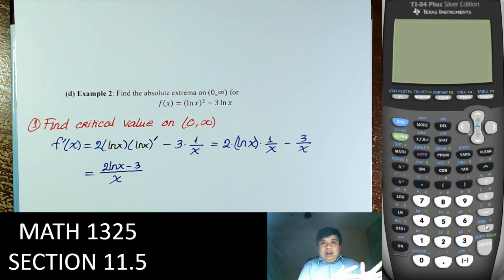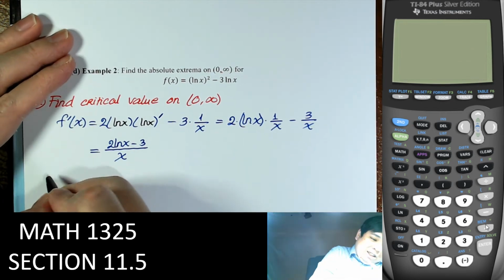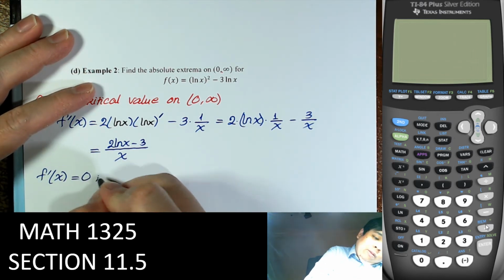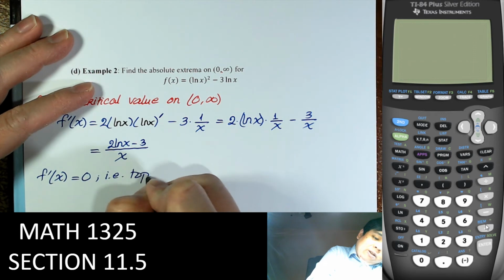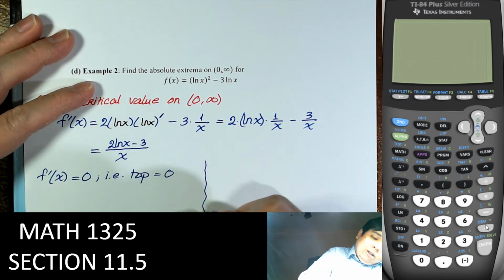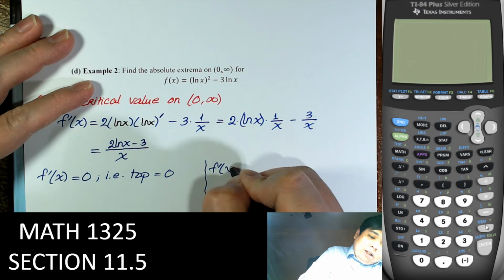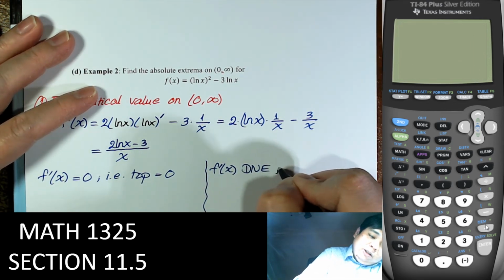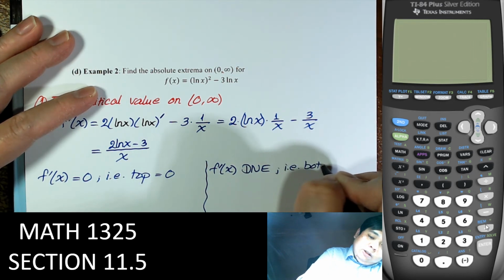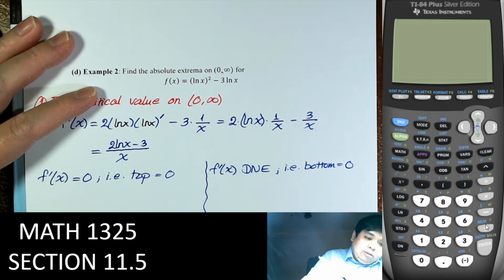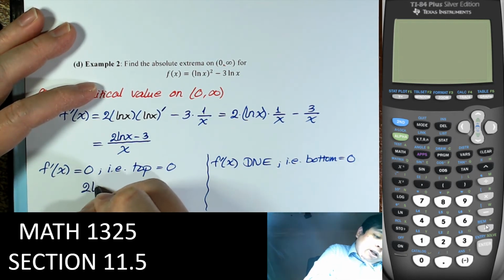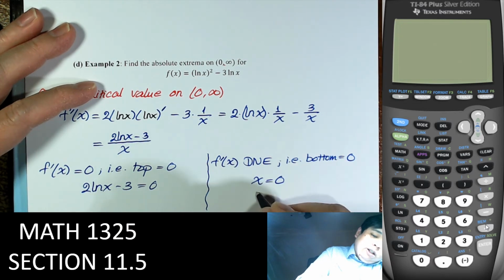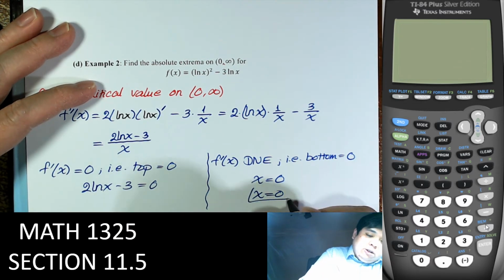Right, equal to 0, does not exist. Meaning the top is 0. Does not exist where the bottom equals 0. The top equal to 0. The bottom equal to 0. This one gives us just x equal to 0.